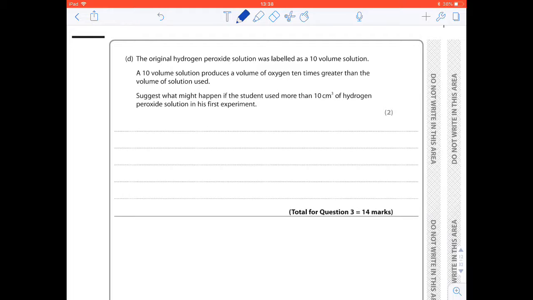Then you had to think about what does a 10 volume solution at 10 centimetres cubed mean? Well, the 10 volume means that it produces 10 times greater than the volume of solution used. If you have 10 centimetres cubed of hydrogen peroxide, that's going to produce 100, i.e. 10 times the volume of oxygen, which is fine.